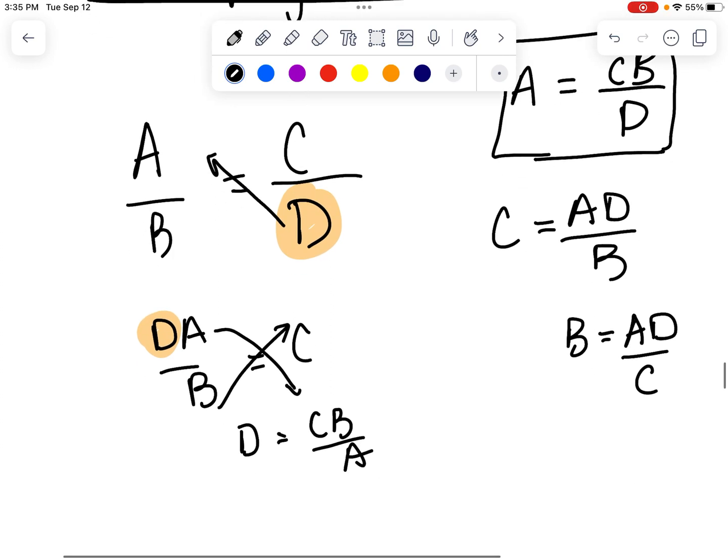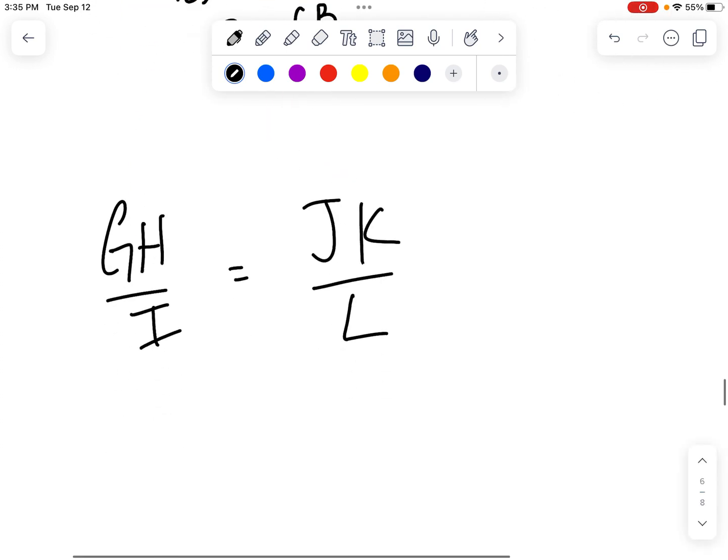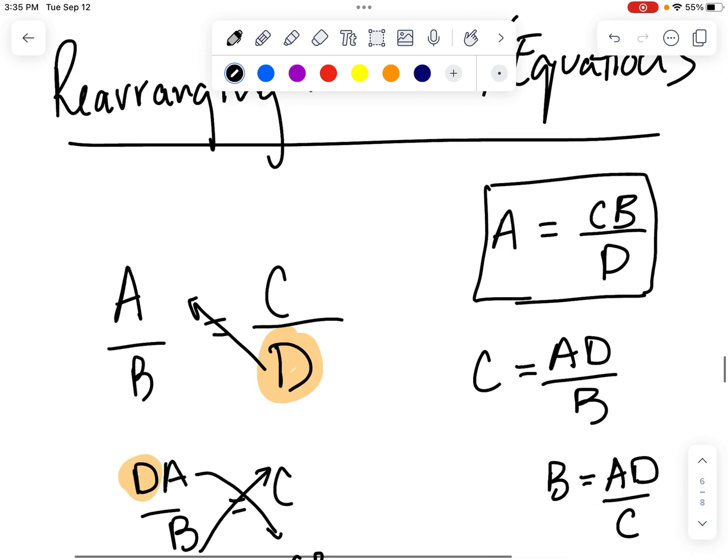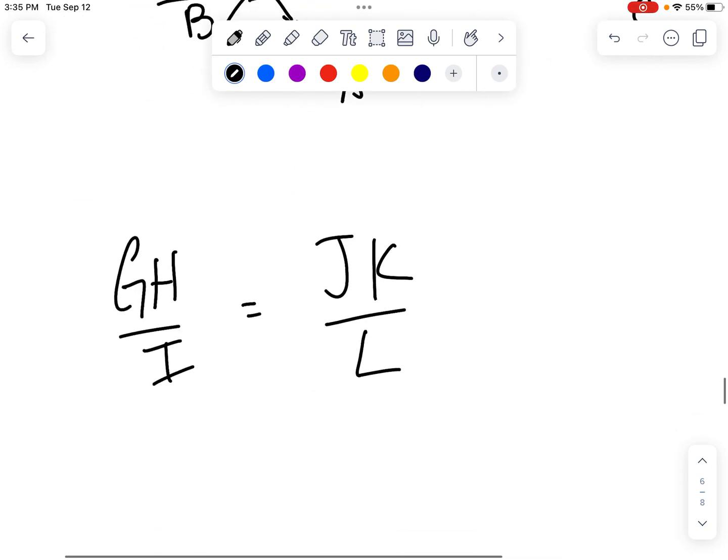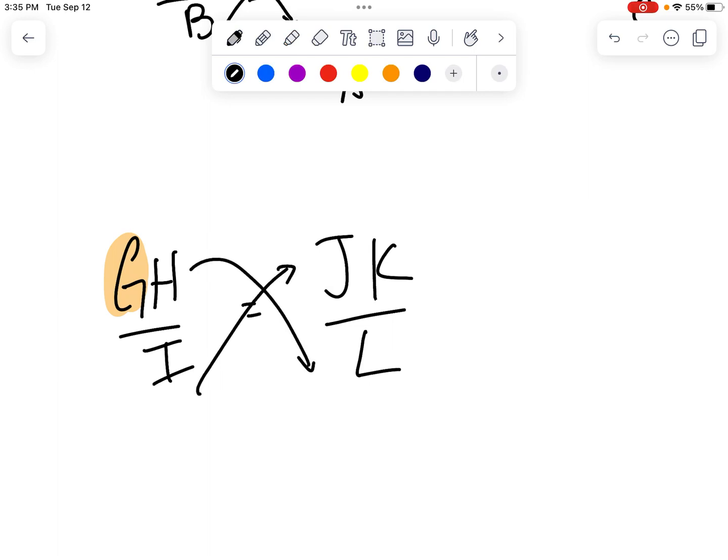And so if I can understand that, I can simplify some other sorts of equations. I could simplify this one. If I wanted to solve for G, it is already in the numerator. I'm going to take H to the other side and I to the other side.